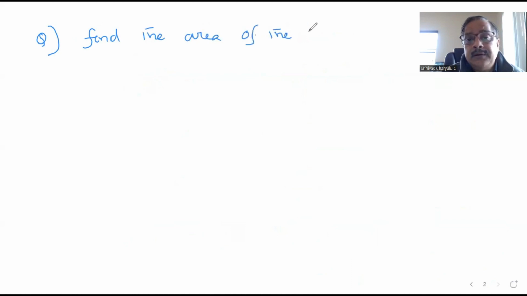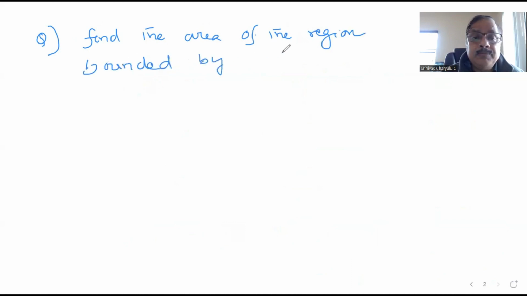Let us see another sum. Find the area of the region bounded by y square is equal to x and x is equal to 1 and x is equal to 4.